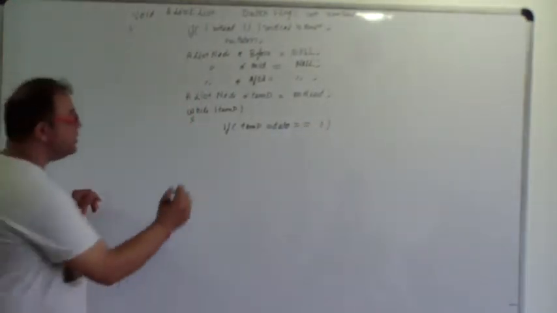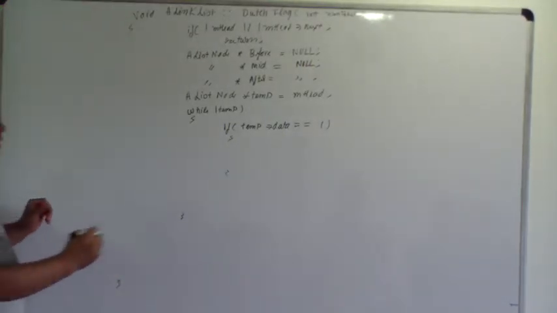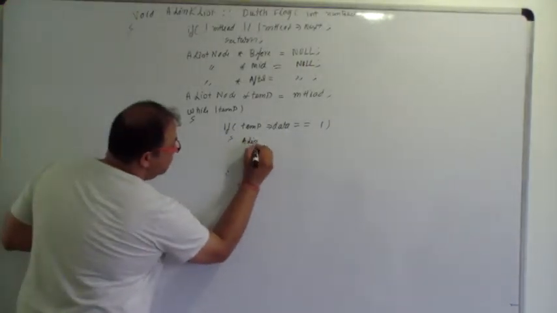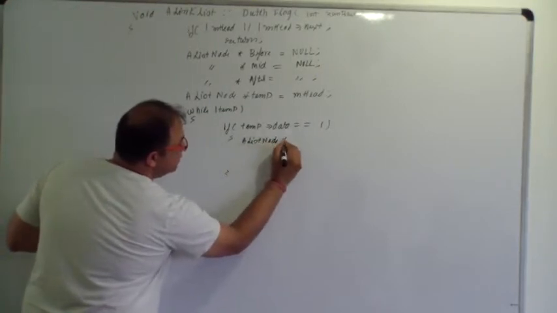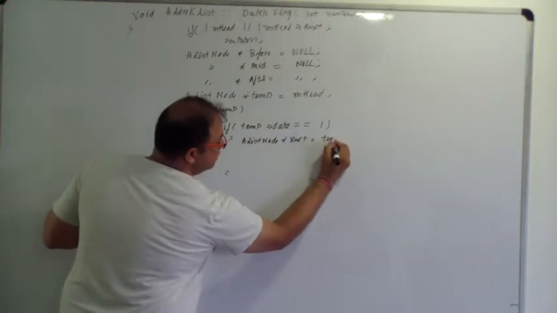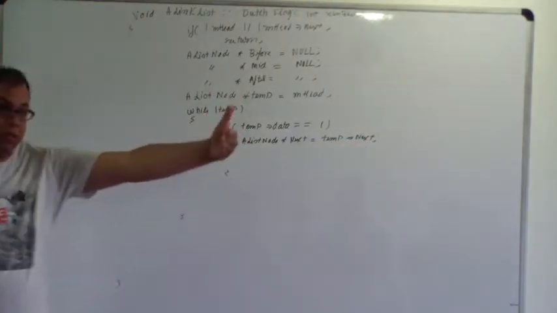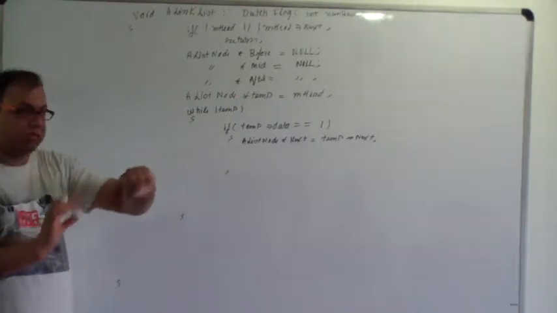If it is equal to 1, a list node star next is equal to temp arrow next. We actually need to get the next node and save that pointer.